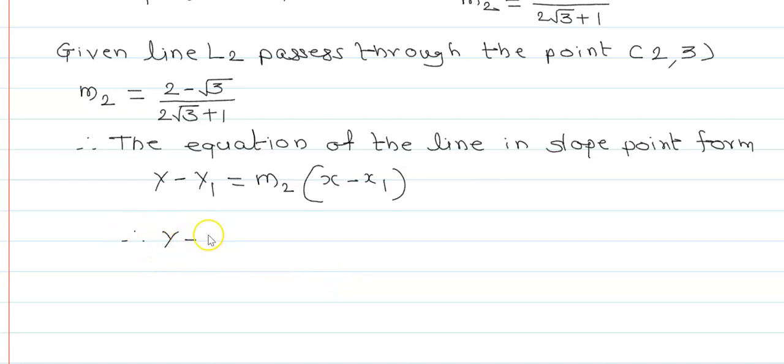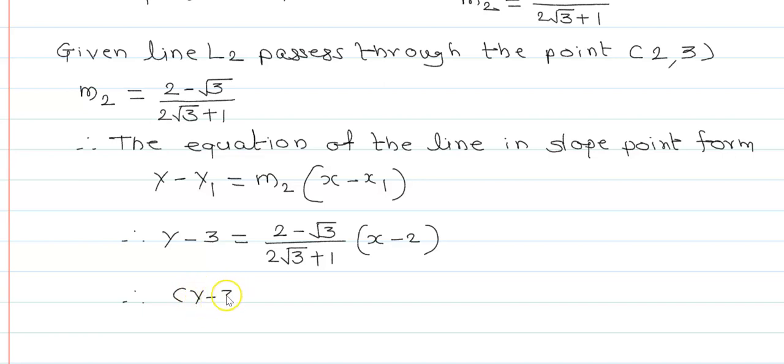Now substitute the values. Y minus 3, m2 is a 2 minus root 3 upon 2 root 3 plus 1 and in bracket x minus 2. Now the simplification.